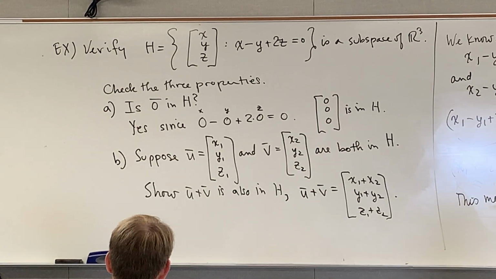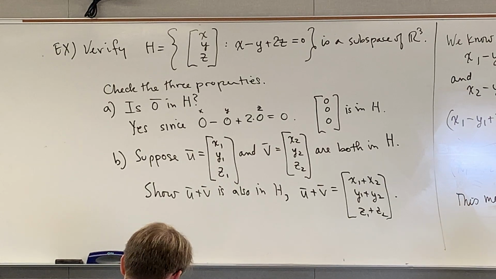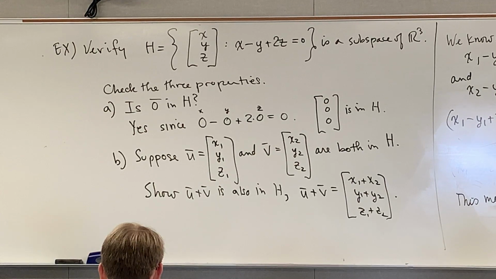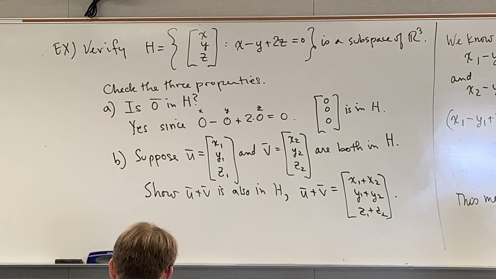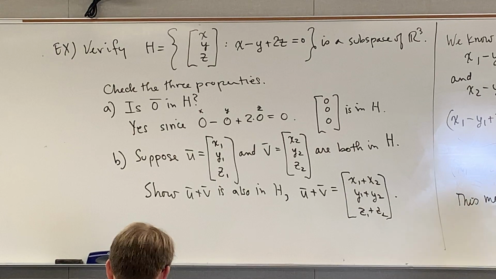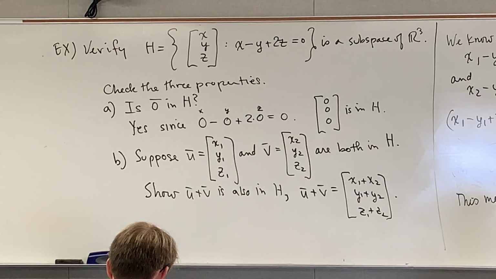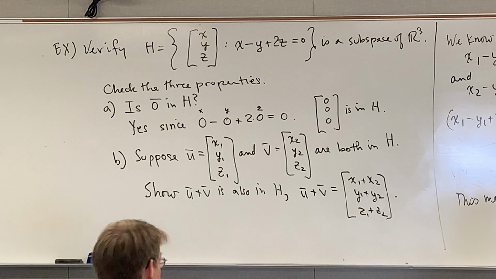I want to show that c times u is in H. So we just multiply both sides of this equation by c, and it's cx1 minus cy1 plus 2cz1 equals 0.